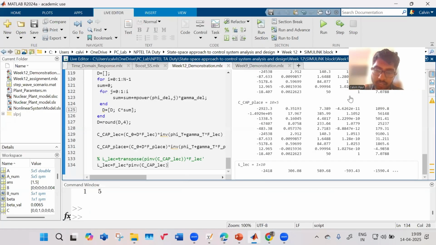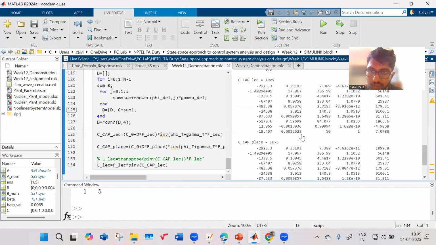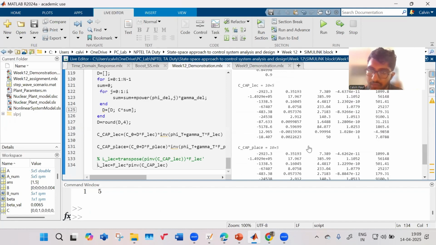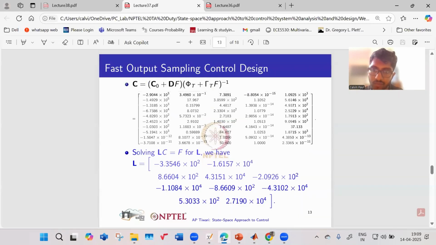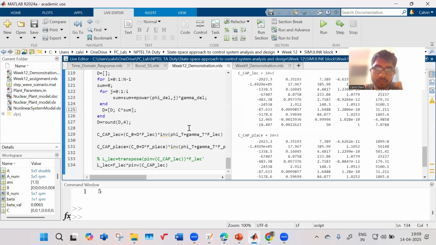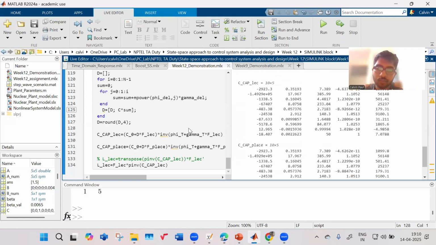We'll have to check why this is not matching, but there should be some particular reason which I'm currently missing, but I will further debug and check. So C cap lecture actually is very different. So probably because of that, our L lecture also is varying. It's quite different from what they have got. So this was for fast output sampling. Just hope you have seen the methodology which I have followed and you'll be able to use it.